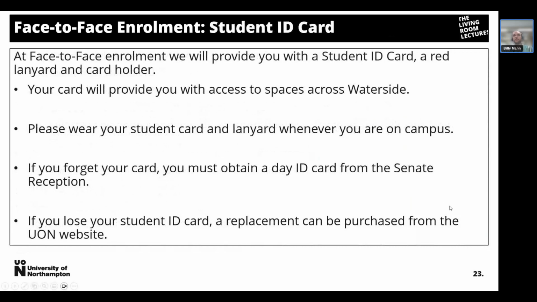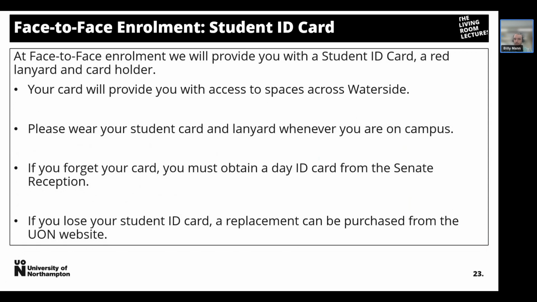So the ID card. Face-to-face enrollment will provide you with a student ID card, a red lanyard, and a card holder. So this ID card will mean that you can access the teaching spaces and the upper floors of the Learning Hub. You need to make sure you're wearing it whenever you're on campus.